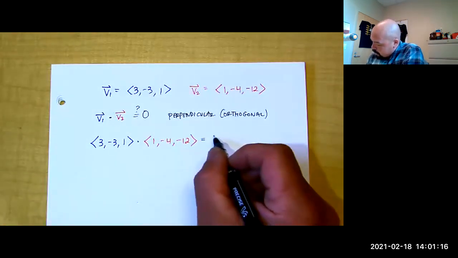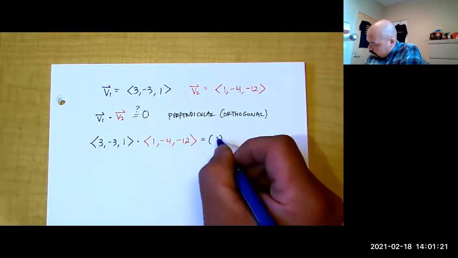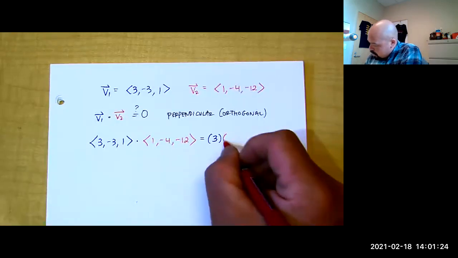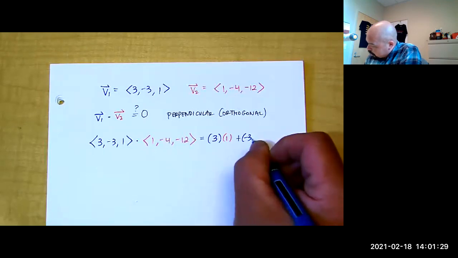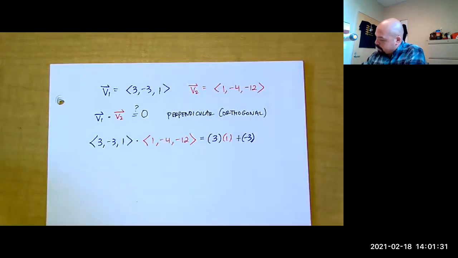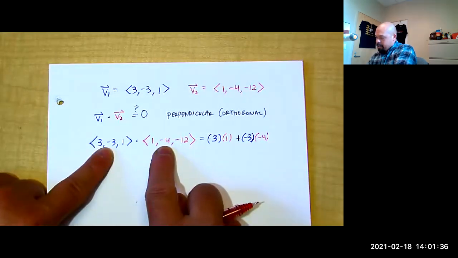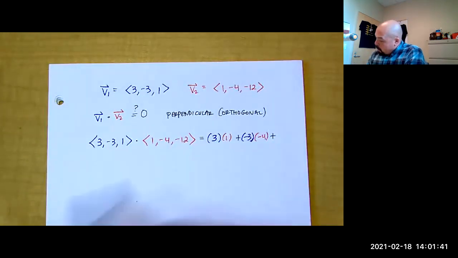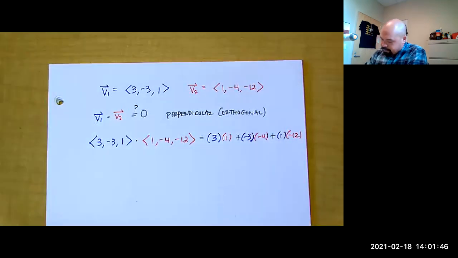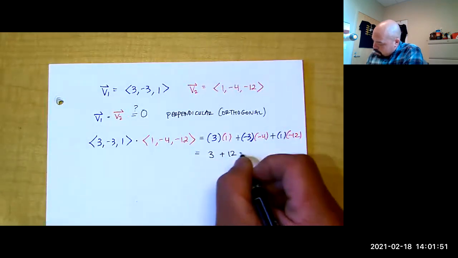And so that dot product, doing this product, sorry for all the clicking here, 3 times 1 plus -3 times -4, multiplying component-wise and adding those results, plus 1 times -12. 3 plus 12 minus 12.